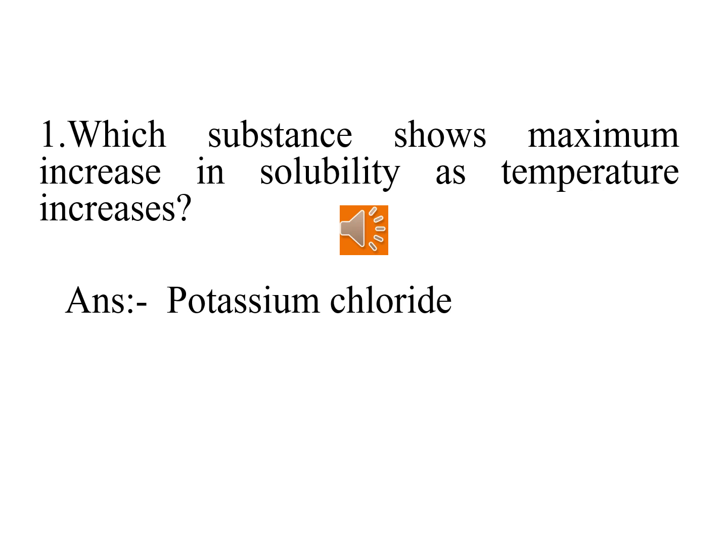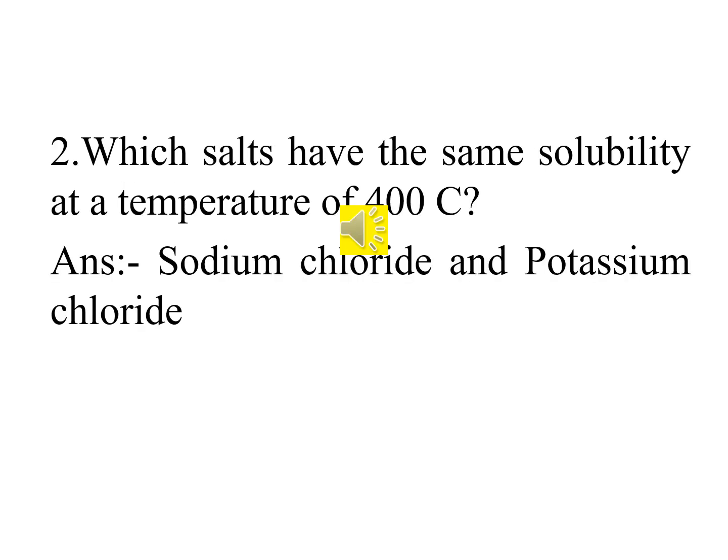Potassium chloride shows maximum increase in solubility as temperature increases. Which salts have the same solubility at a temperature of 40 degrees Celsius? Sodium chloride and potassium chloride are the salts which have the same solubility at a temperature of 40 degrees Celsius.